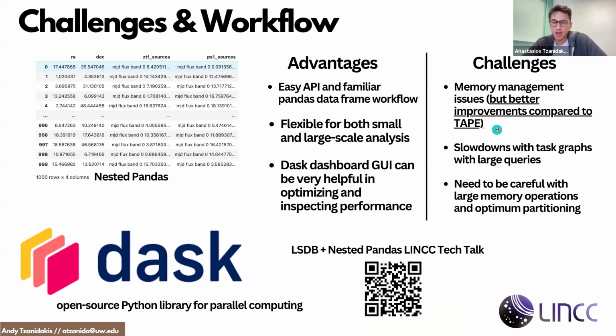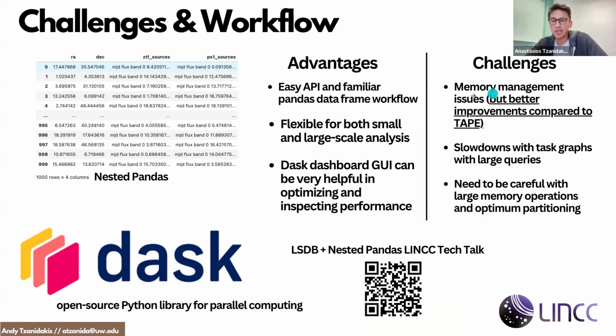Some challenges, which I think have already been mentioned in previous tech talks, are specifically, I think the most important one is the memory management issues. Now, I'll highlight that in previous versions of what we were calling TAPE, it was treating the object and source tables as separate, whereas now Nested Pandas has combined them. We're still seeing some memory management issues, not as much as we typically would see with TAPE.